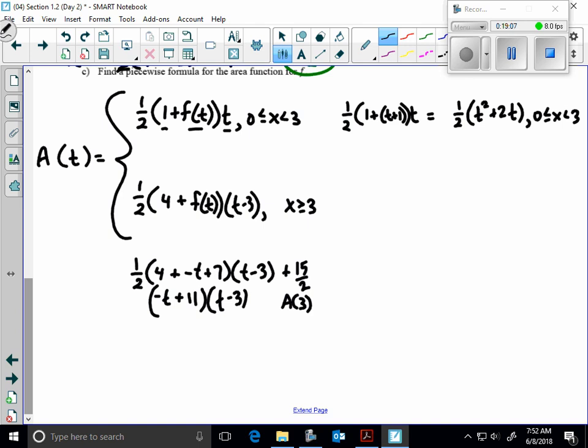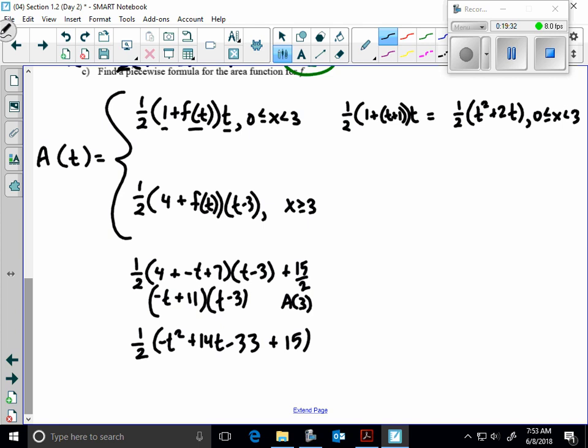So let's do a little foiling here. That'd be negative t squared, 11 plus 14t minus 33. Okay, and then let's add 15 and pull out that 1/2. Okay, so let's do that.